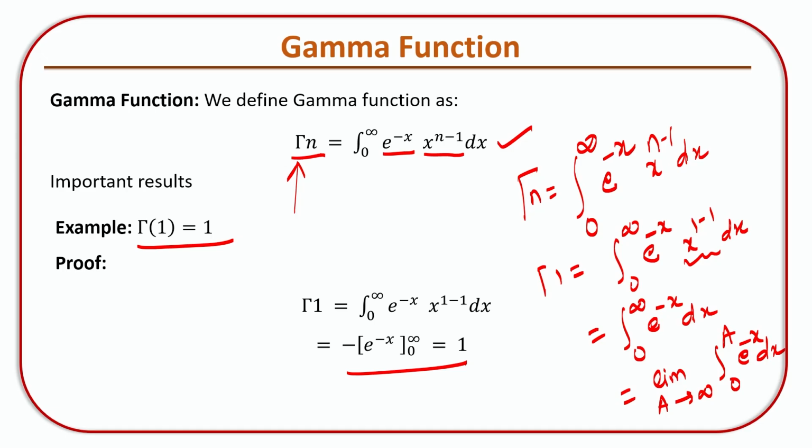So, what will be the value? The integral from 0 to a gives you the limit as a tends to infinity of, what will be the value of e to the power minus x, e to the power minus x over minus 1, right, evaluated from 0 to a, and this is going to be 1.